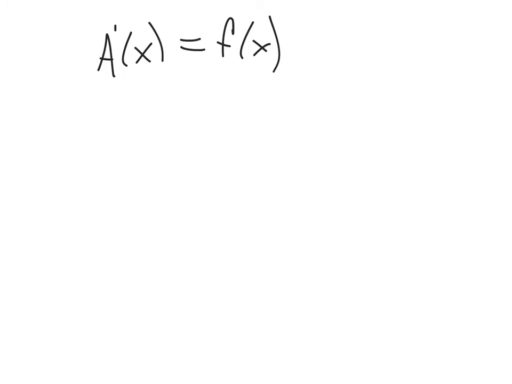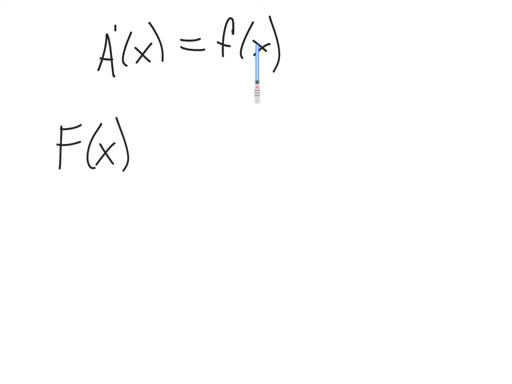So earlier in this chapter we talked about how any two antiderivatives of the same function differ only by a constant. So we can introduce this other antiderivative that we're going to call F here. We're looking at a different antiderivative of our original little f up here, right?